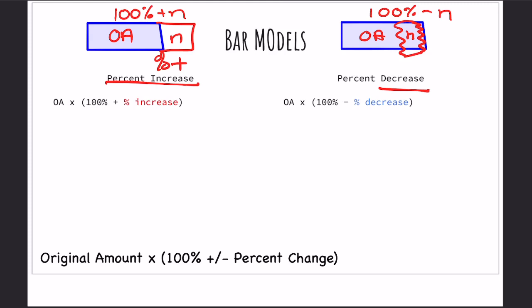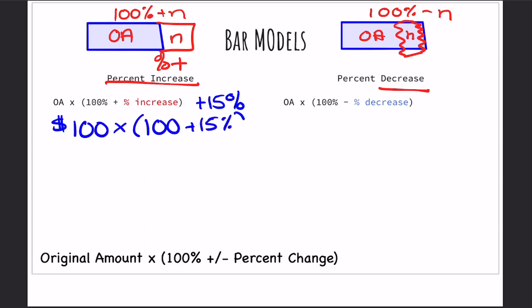We'll start with an easy type of problem. Let's pretend that our original amount is just an easy $100, and let's pretend that there's an increase of 15%. So I'm just going to think in my head 100 plus 15%. A lot of us can just do this in our heads: 115%.